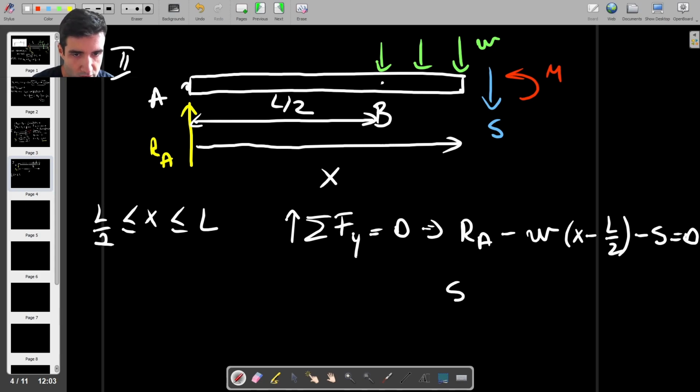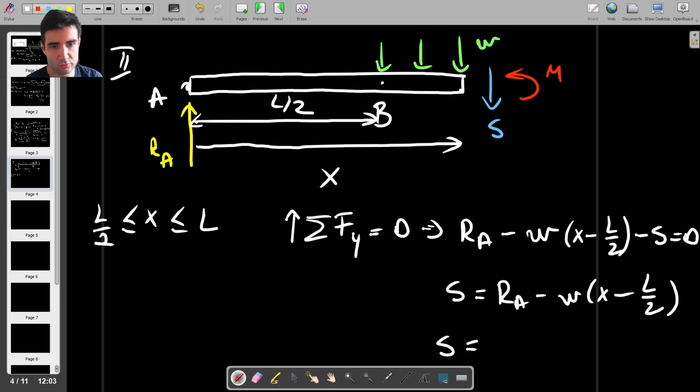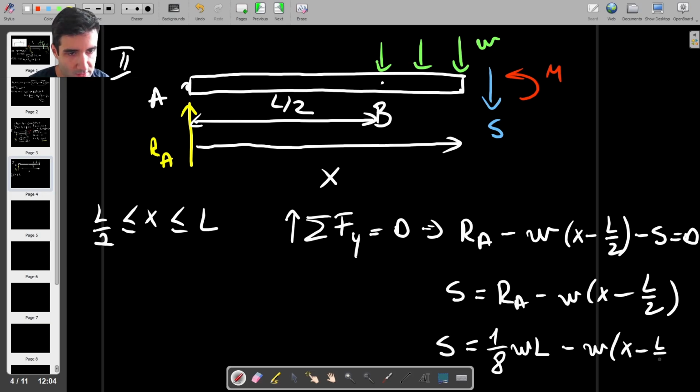If we rearrange, we get that S is equal to RA minus w times (x minus L over 2). So S is equal to RA, which was 1 over 8 wL, minus w times (x minus L over 2).